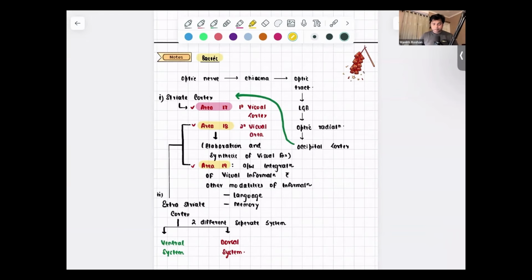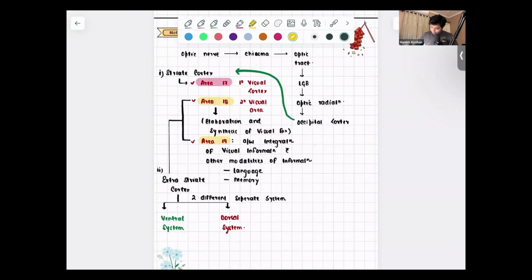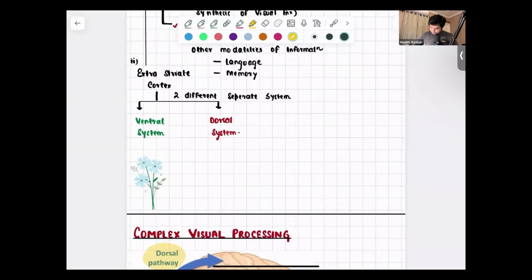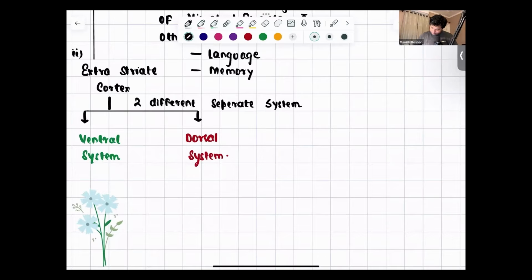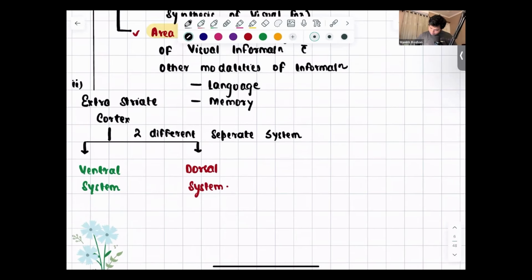Now, apart from this, there are some other things that you need to know. First of all, you need to know the layers of the lateral geniculate body. Let's look into them. I'm just writing it over here. Lateral geniculate body.